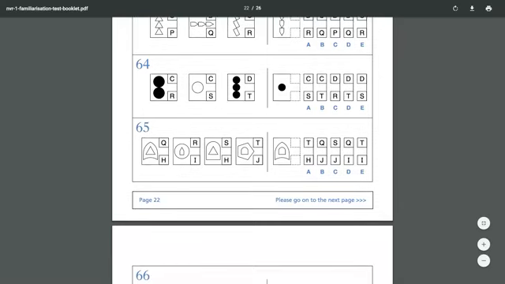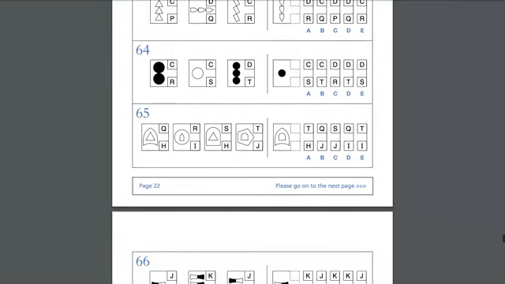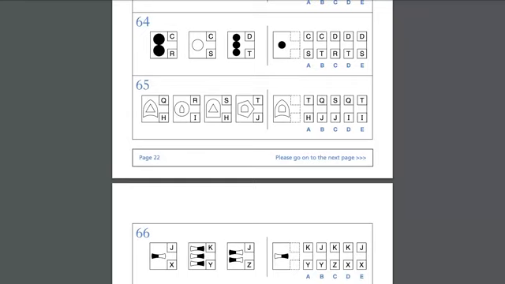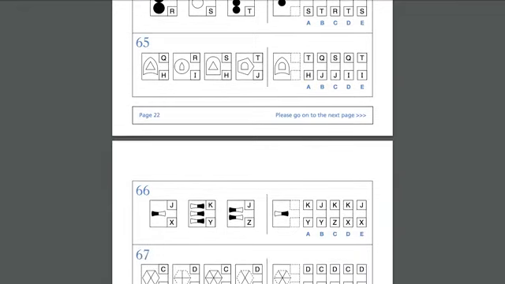What about 64? 64, yeah, it's C. Because again, D presents what? Small circles. About 65.